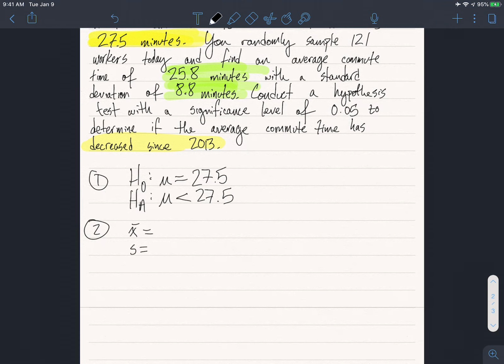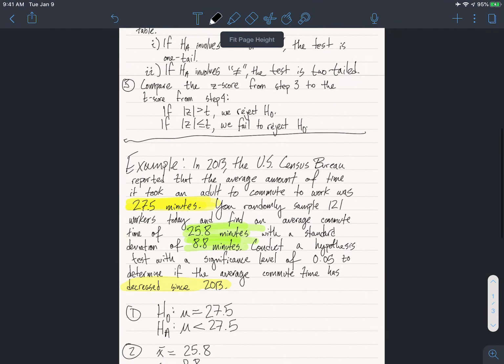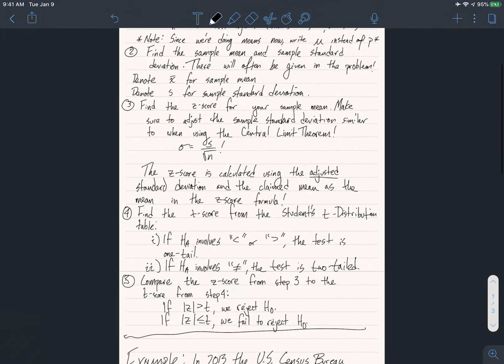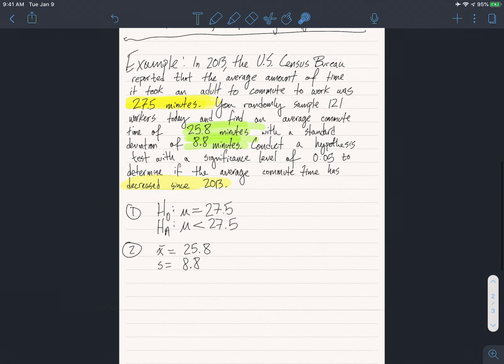Like I said, I could give you the data and have you calculate those numbers yourself like I did in chapter 3, but I just gave them to you here. So you find your sample mean to be 25.8, sample standard deviation, 8.8. All right, step 2 is done. That's all it was asking for in step 2, right? Find the sample mean and sample standard deviation, often given in the problem. And they were.